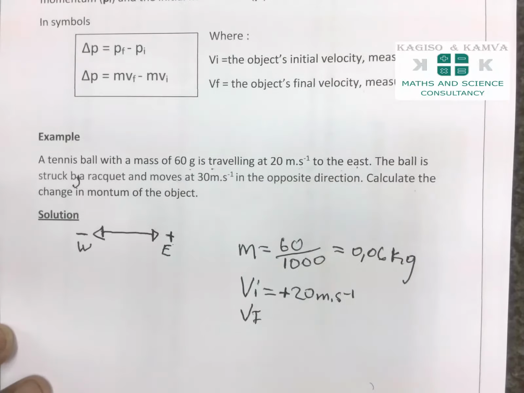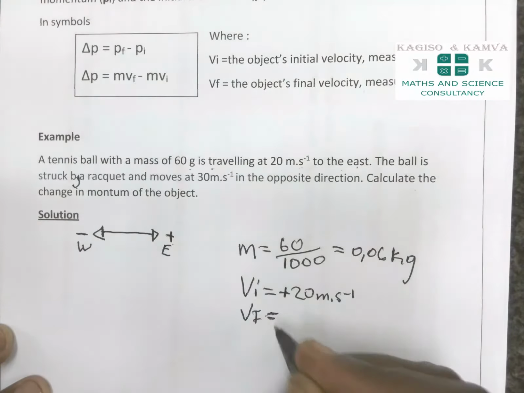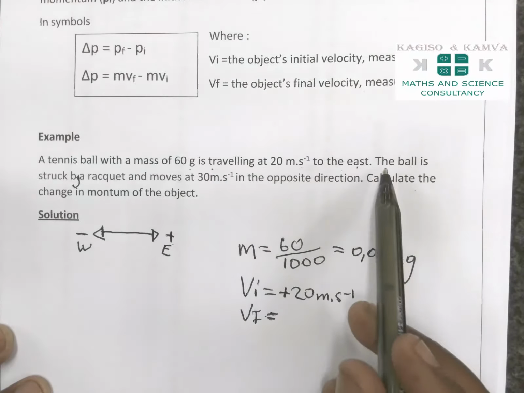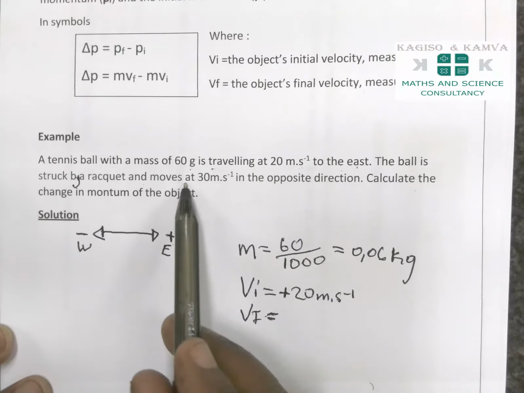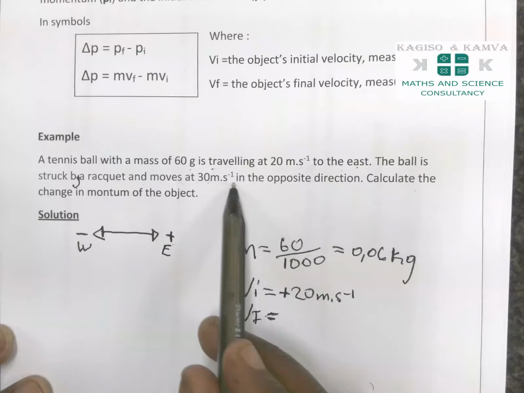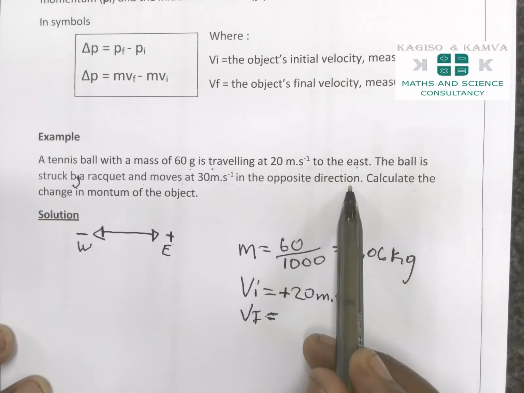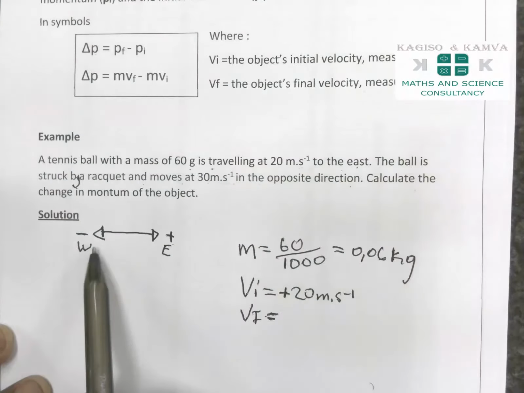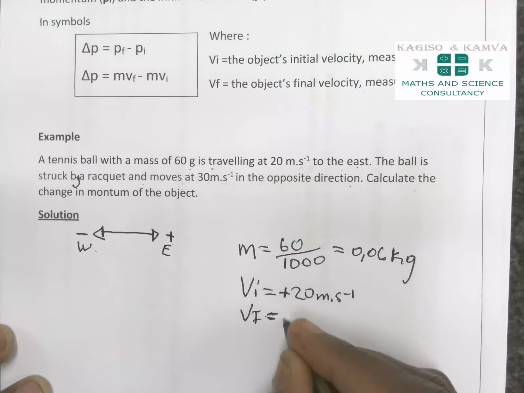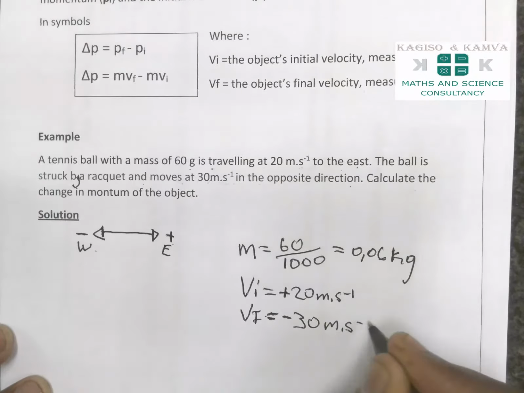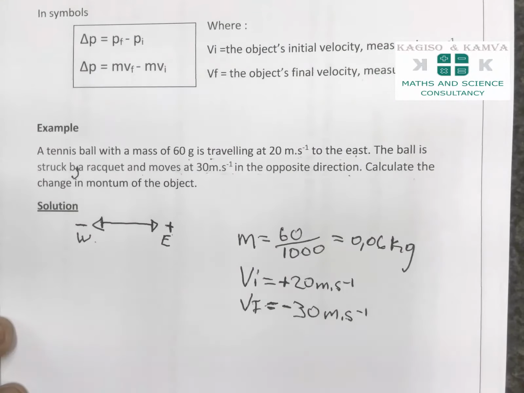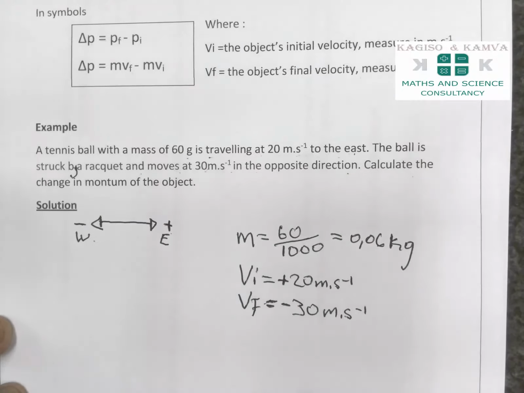The final velocity: the ball is struck by a racket and moves at 30 meters per second in the opposite direction. It's no longer going east, but going west. So this is going to be negative 30 meters per second.